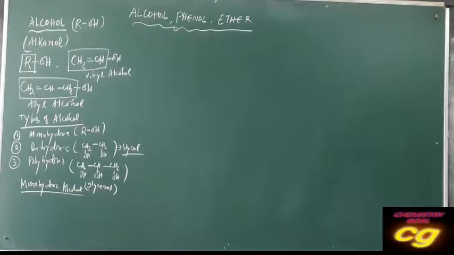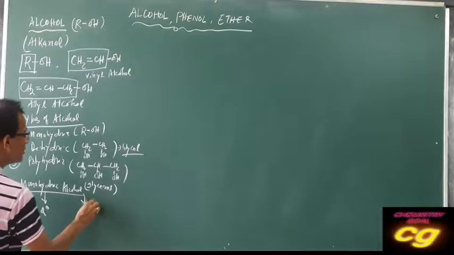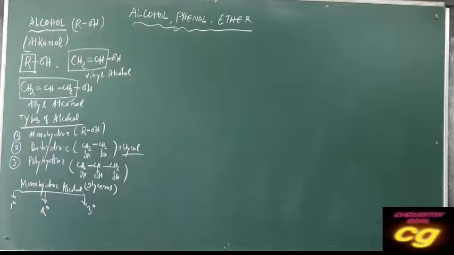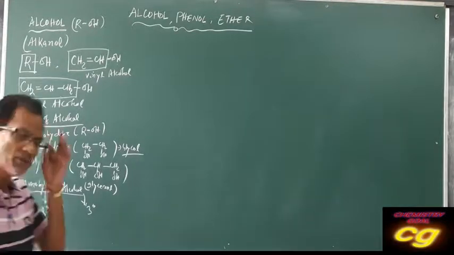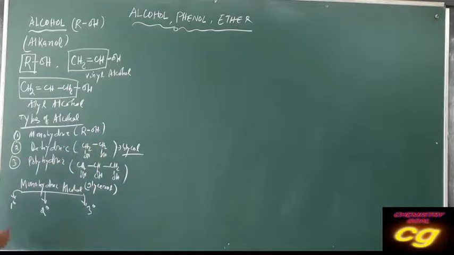Monohydric alcohol may be primary, secondary, or tertiary, three types. Primary is the same as in your haloalkane. If the OH group is attached to a primary carbon, that is primary alcohol.